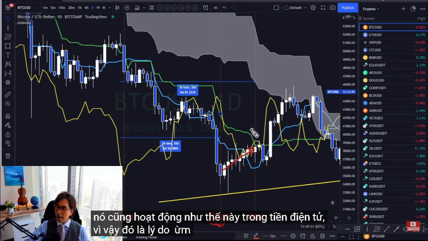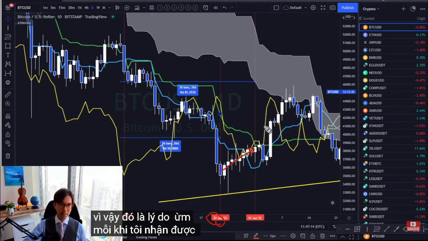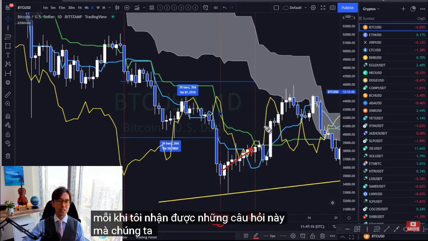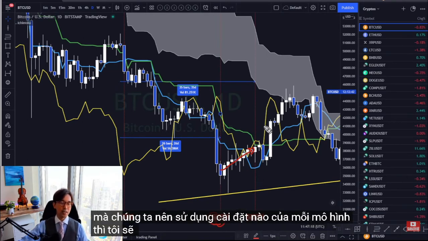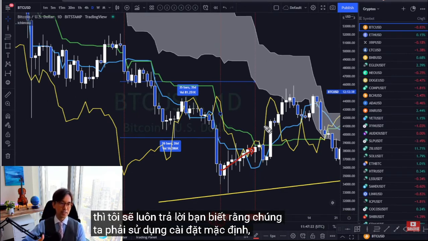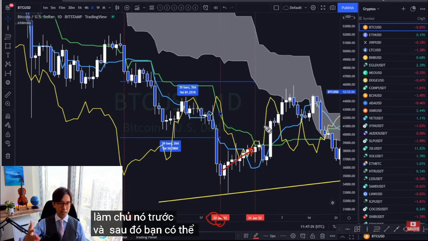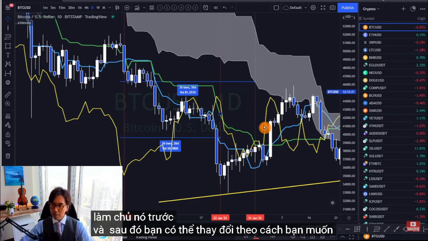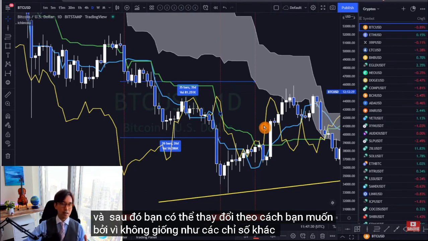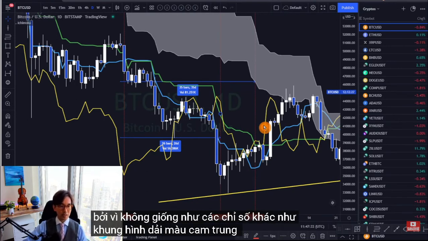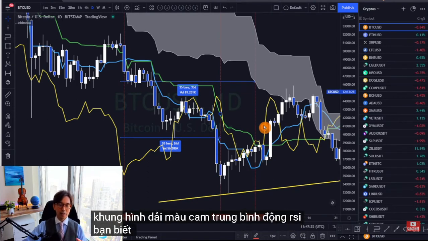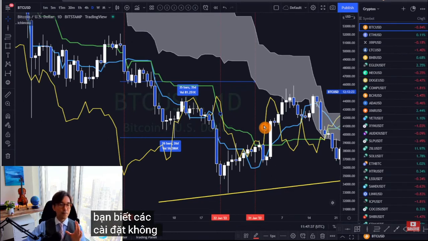So that's why every time I get these questions about which setting of Ichimoku we should use, I always reply, we have to use the default setting. Master it first, and then you can change however you like. Because unlike other indicators like moving average, Bollinger Bands, Stochastics, RSI, the settings are not fixed.